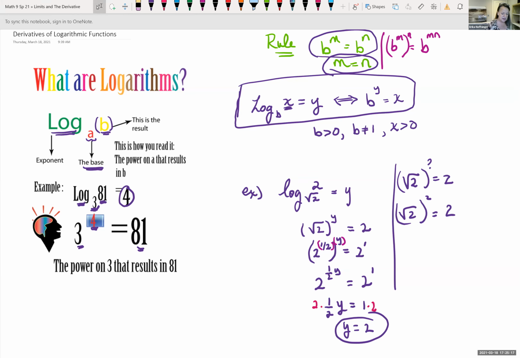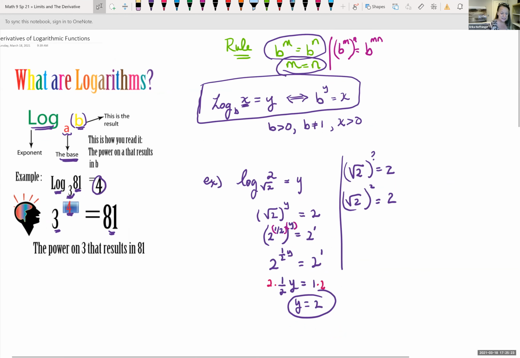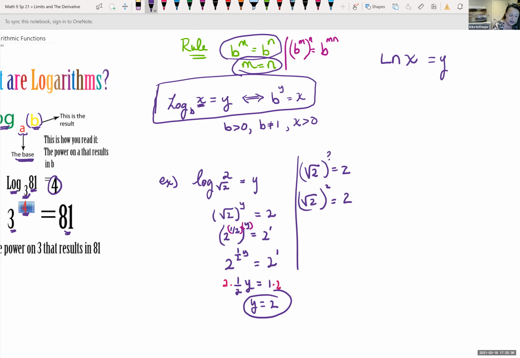A couple other things you need to remember about logarithms. A lot of times we'll be working with natural logs. Natural logs are a lot easier than a log of a different base. Natural log, ln of x equals y, is the same thing as log base e of x equals y.